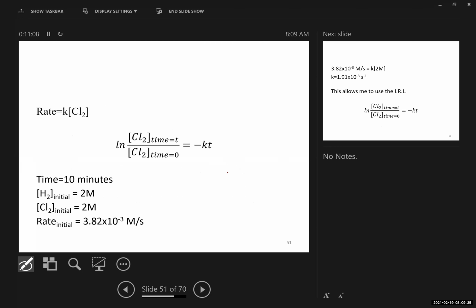On the other hand, everything has to be related, right? And so if I look at what I actually know, I have a target time. At the moment, that's not very useful. I mean, I could put 10 minutes over here, but I don't know this, and so finding anything 10 minutes later is impossible until I have the rate constant.